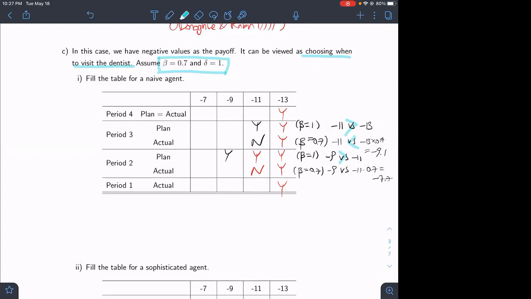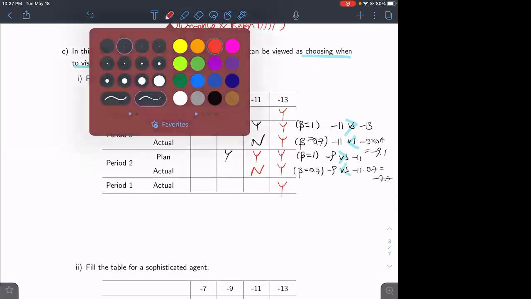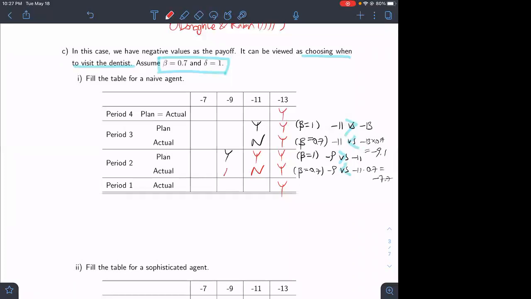So this is larger. So we can see that he's not gonna visit the dentist. Does this make sense? Okay.